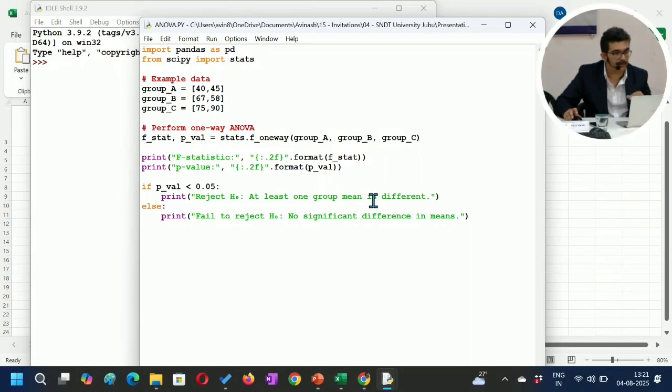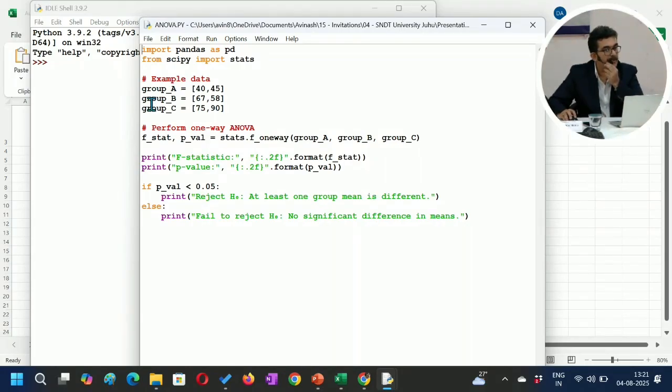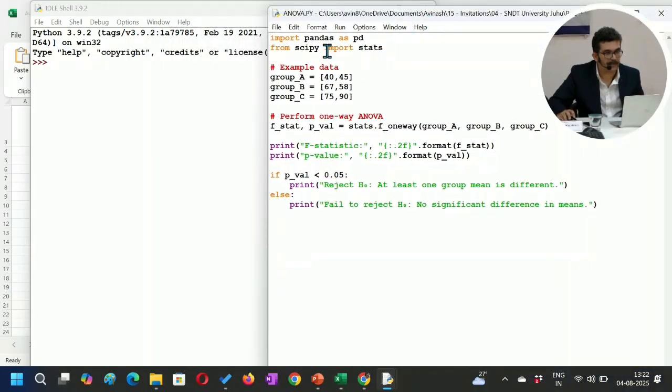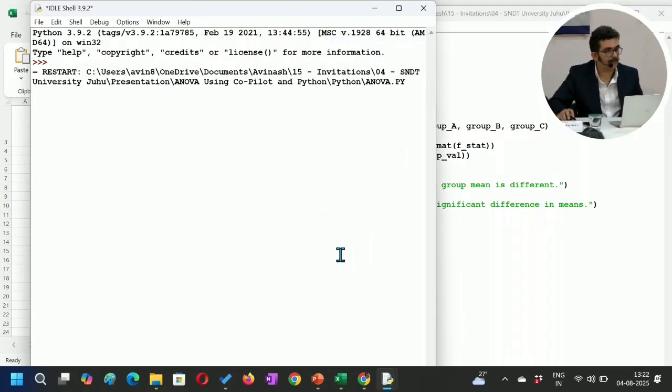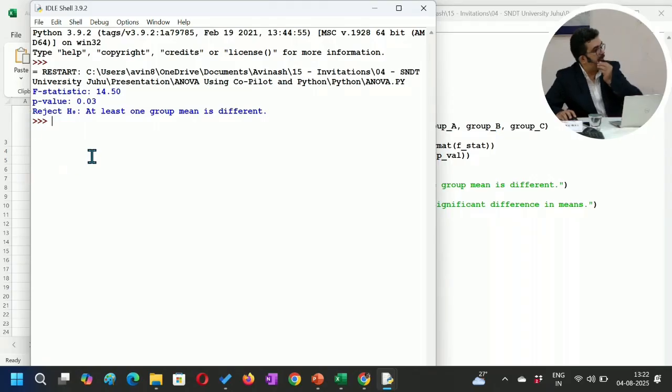So I am running the hypothesis. Values are given. Group A values 40, 45. Group B values 67, 58. Group C values 75 and 90. These are the same values which I have taken in my presentation. So I am running the Python program, and you can see the output in the shell. You can see the result here in blue color.